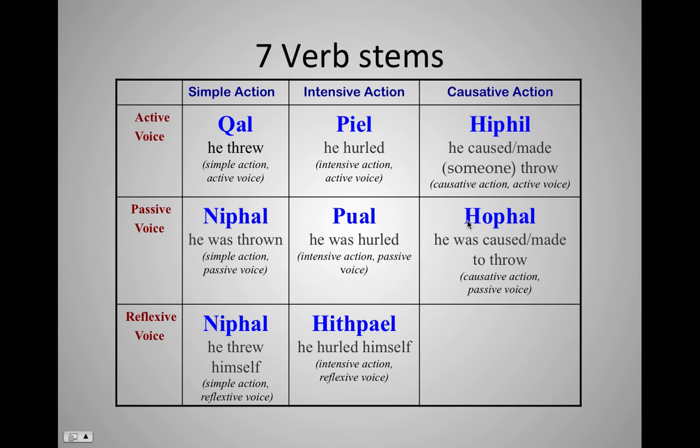Now, Hofal just takes that essential action and turns it passive from the Hifil. So instead of he caused to throw or he made someone to throw, Hofal would say he was caused to throw or he was made to throw. In that sentence, I could say David was made to be king. It just turns the voice passive.